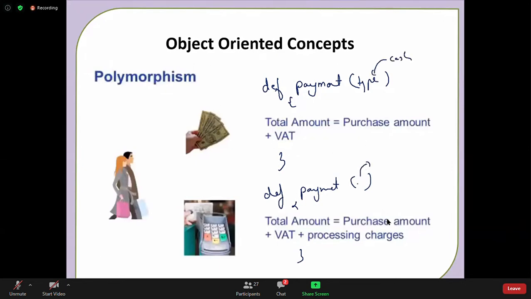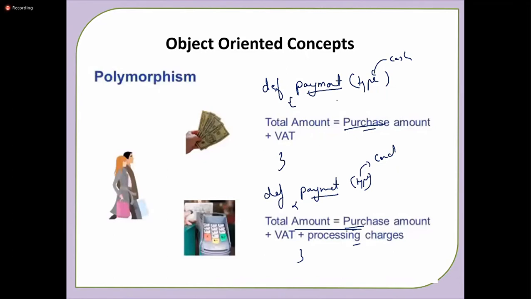If the type is card, then this other method gets invoked. So I'm having two functions with the same name, but the implementation is different, with a different formula for each. That's how you see different implementations for the same function called payment.